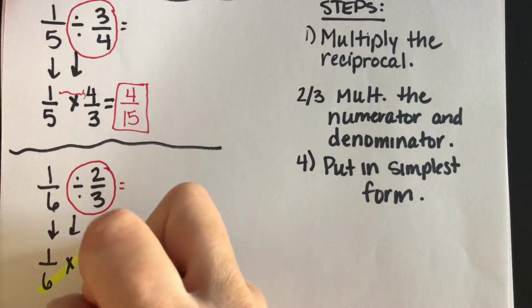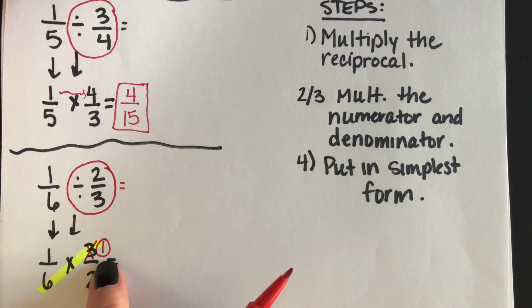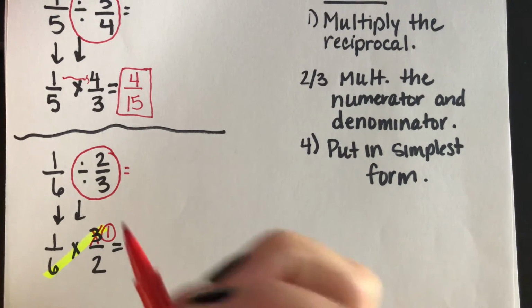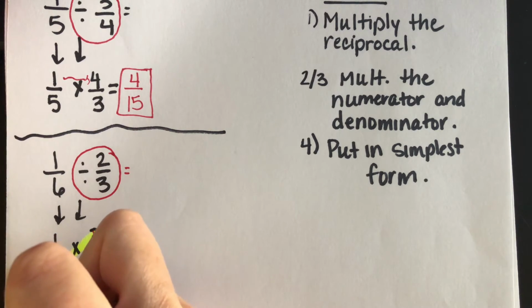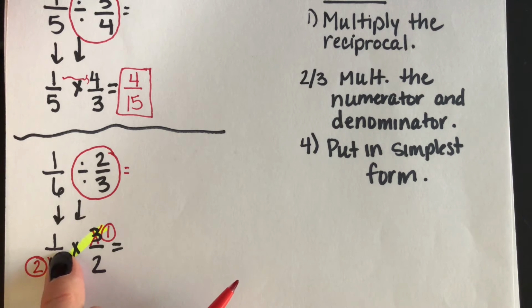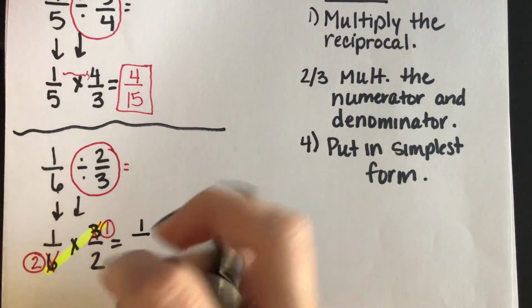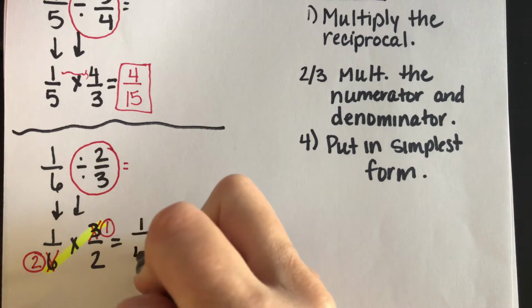So I'm going to cross off the 3. 3 goes into 3 one time, so I'm replacing the 3 with a 1, and I'm going to cross off the 6 because I know 3 goes into it twice, and I'm replacing the 6 with a 2. So now instead of 1 times 3, I'm going to do 1 times 1. 1 times 1 is 1, and 2 times 2 is 4.